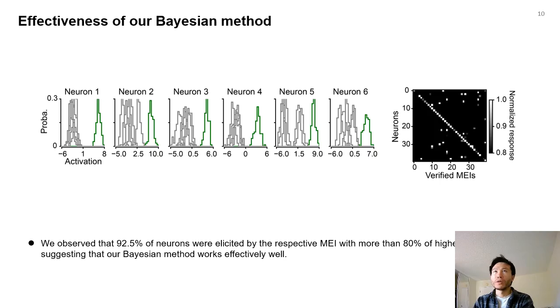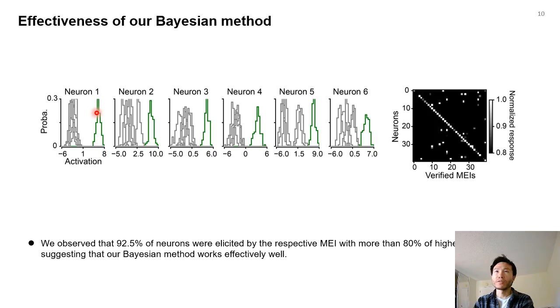We also test the effectiveness of the MEIs generated by our method. Here we use the verified MEIs from previous literature. I show you 6 neurons here. We compute the neuronal activations driven by these verified MEIs. Here we show distributions because we can sample the model weights multiple times.